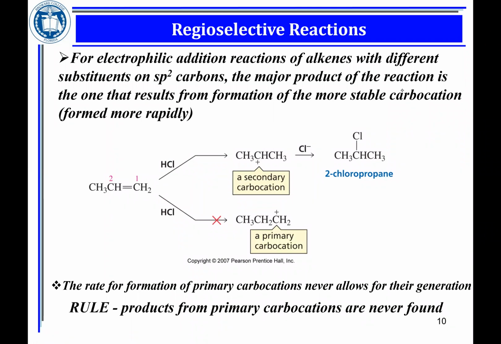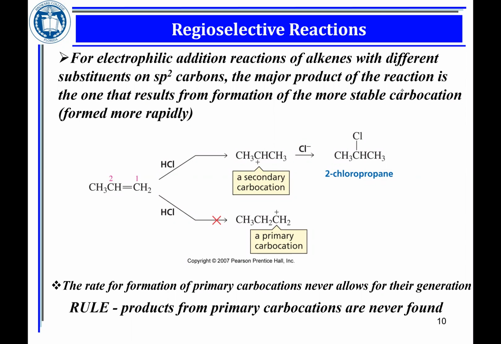Asymmetrical alkene. You're adding HCl. Which one would take the hydrogen? Carbon 1 or carbon 2? And what's the difference? If carbon 1 takes the hydrogen, carbon 2 would be the carbocation, which is a secondary.